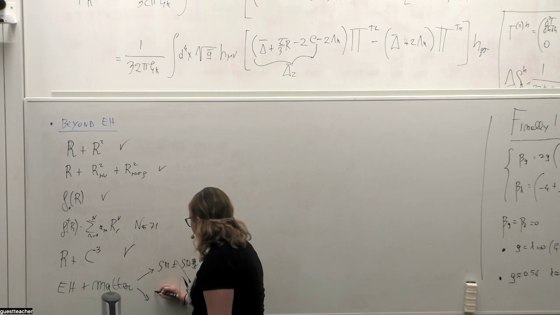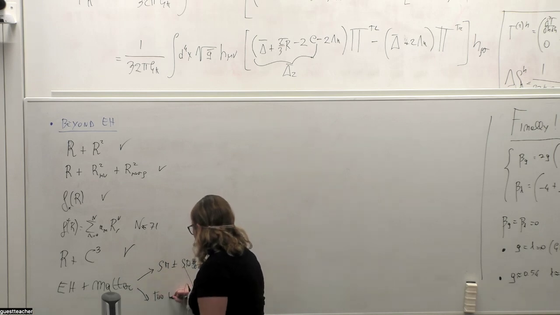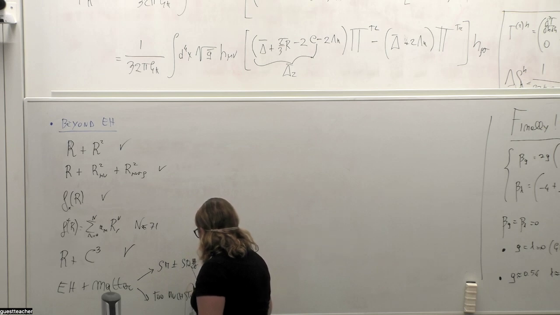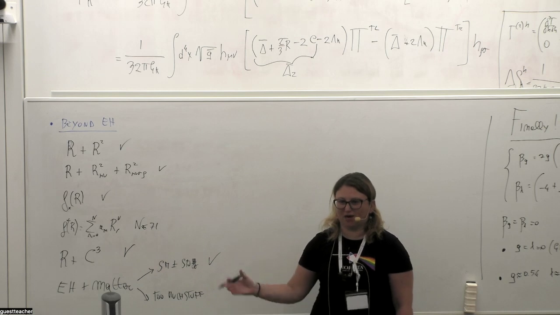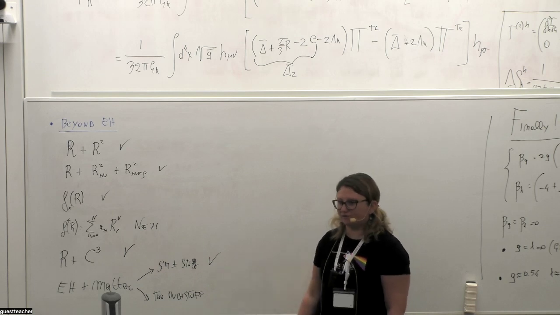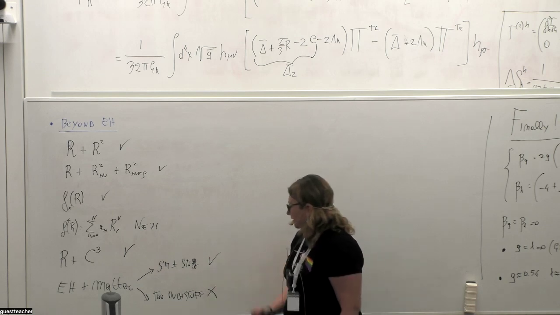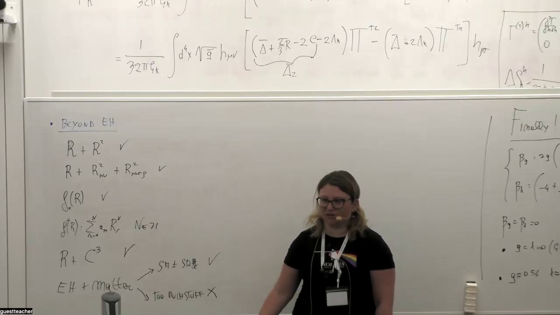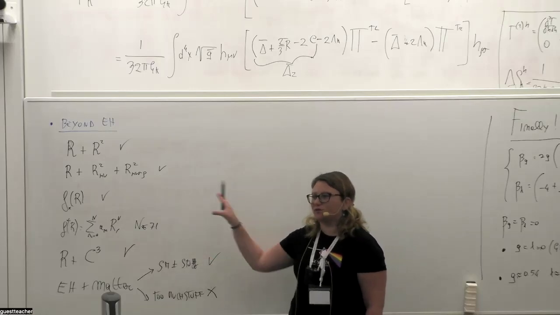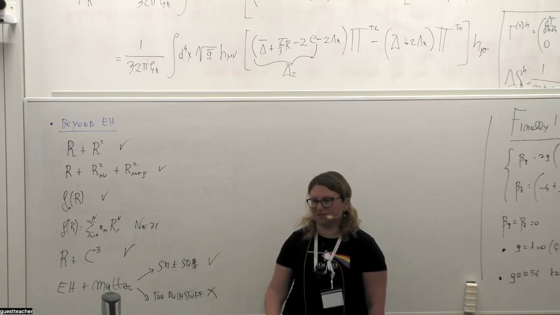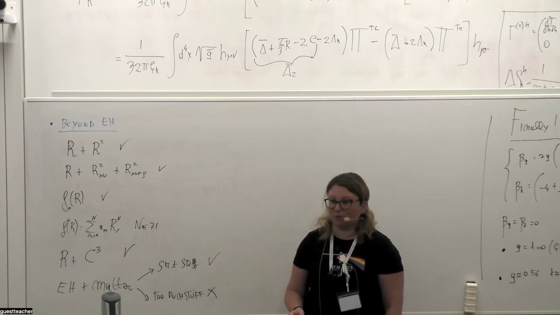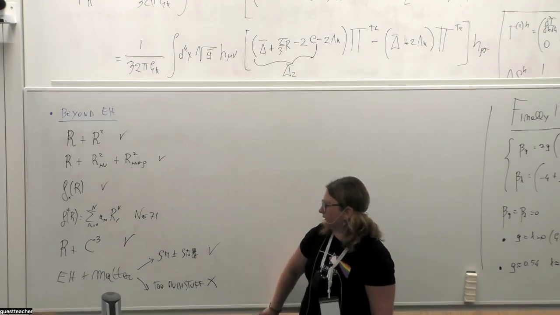But too much stuff is not good. If we throw in like 100 vector fields and 100 scalar fields, then we lose the fixed point. And this means that this setup, if it works, has also predictive power, in the sense that it doesn't work with any matter.